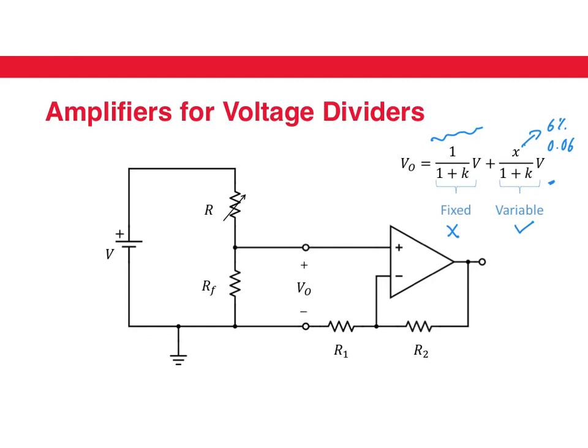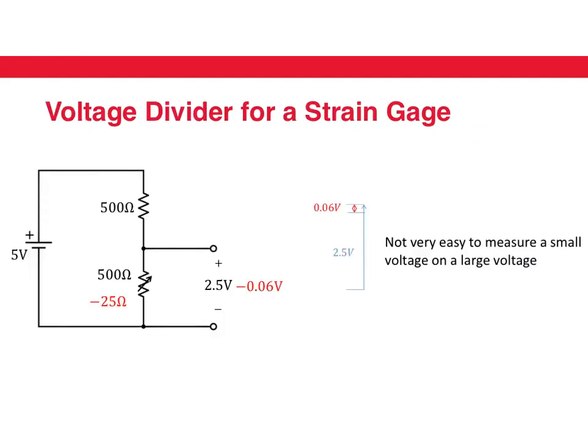How are we going to do that? So just to make things a little bit clearer, just think about this voltage divider here. Okay, let's assume that the fixed resistance is 500 ohms and the base resistance of the strain gauge is 500 ohms, and we have a change of just 25 ohms.